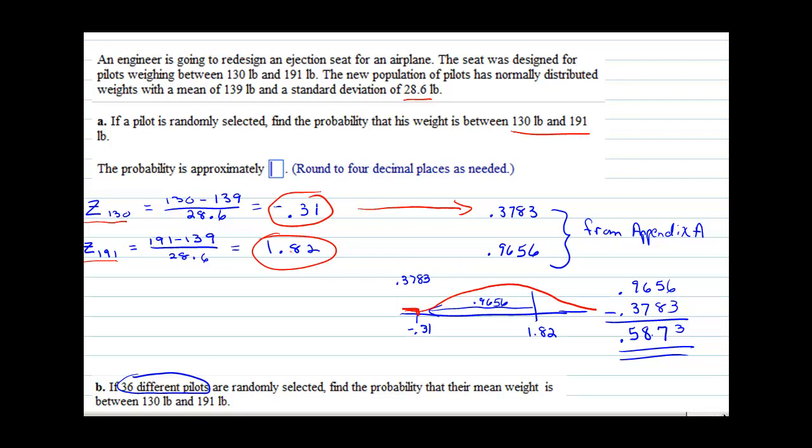And if you read 1.82 off of the z-table, it gives you the area or the probability 0.9656, same thing. That is this area to the left of 1.82. So if I want the area in between these two, the negative 0.31 and the 1.82, then I need to subtract the 0.9656 and the 0.3783, and I'll get my answer of 0.5872.